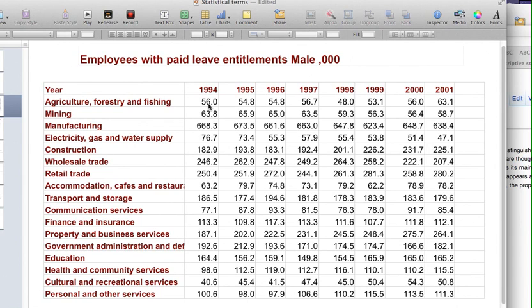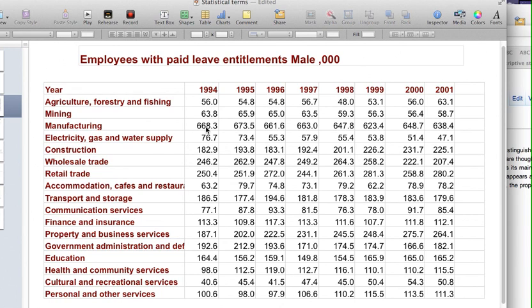And from that, then we could turn it into a percentage, and then we could look at it sensibly, comparing the two of them. You know, we could say that manufacturing industry has a higher paid leave entitlement for males than agriculture does. But with these raw stats, we can't actually do that, because we're missing one of the most important things, which is a comparative figure for us to look at.